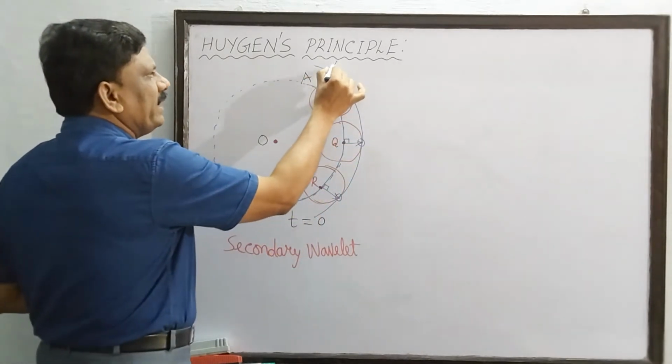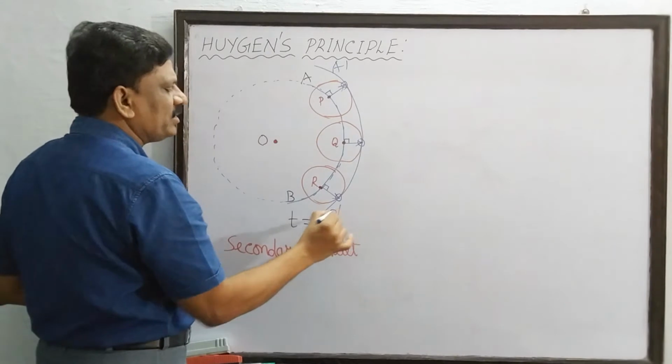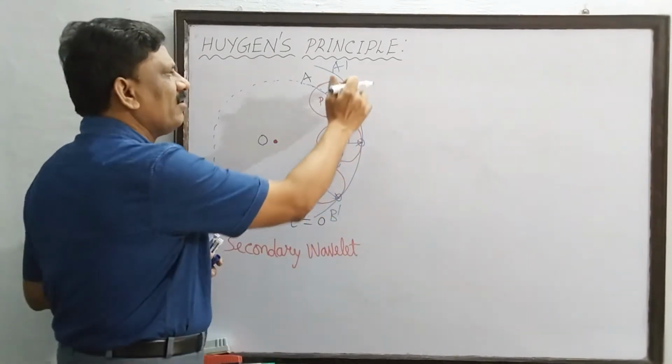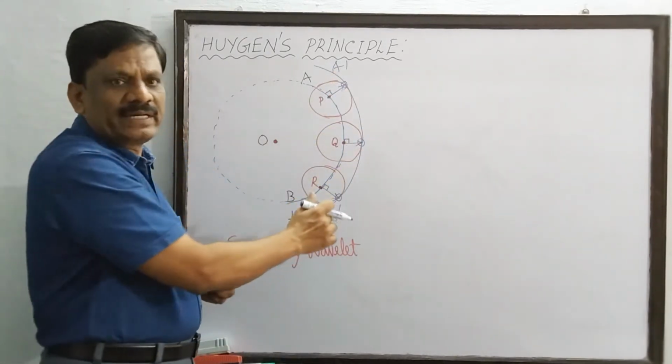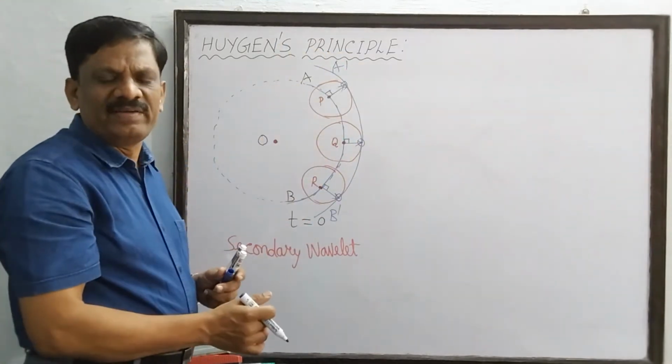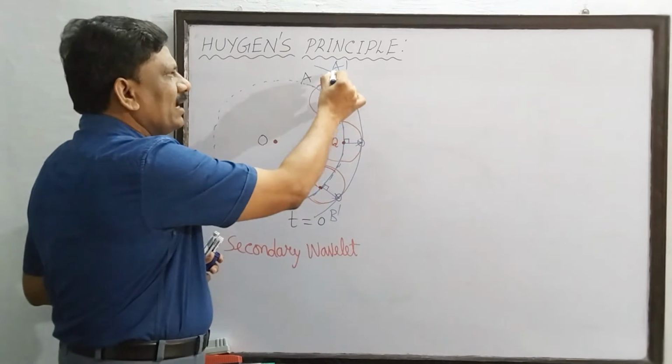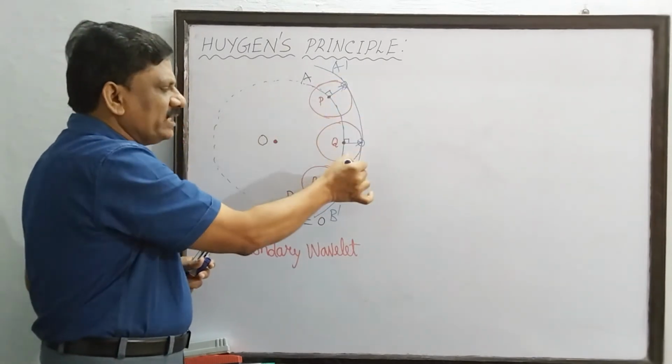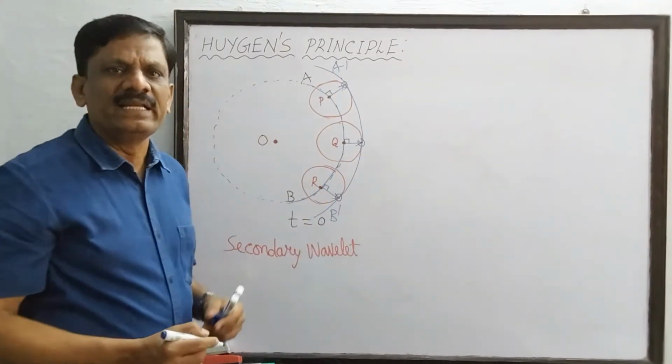So this A dash B dash is the locus of all the points, or it is the envelope of all the points having the same state of vibration, and it is also the common tangent drawn to these secondary wavelets.